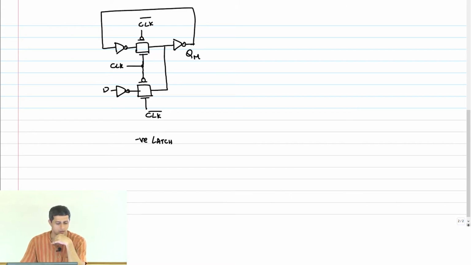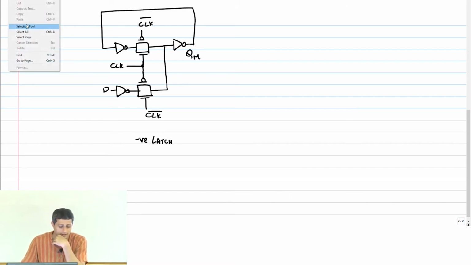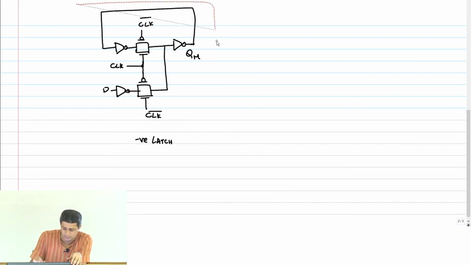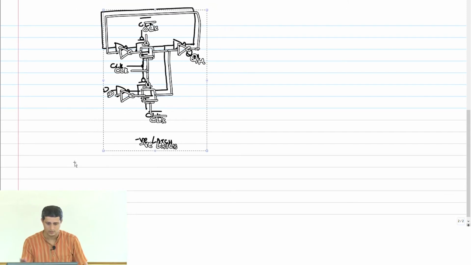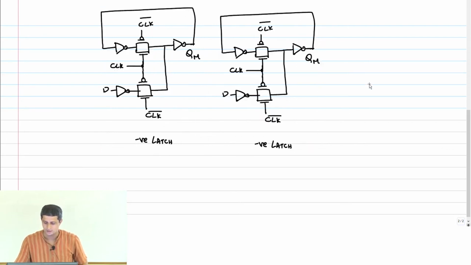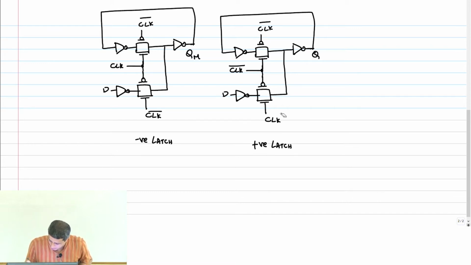Okay, so then I just copy this again. Okay, I'll place it here, and I'm going to now make the connection so that I can construct my flop. This has to now become a positive latch. So what are the changes I have to make here? Clock and clock bar. This will become clock bar. This will become clock.